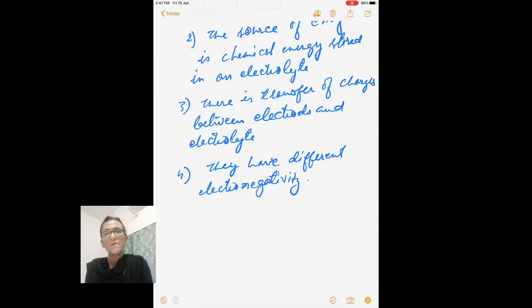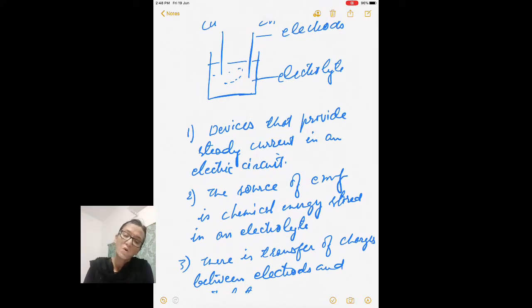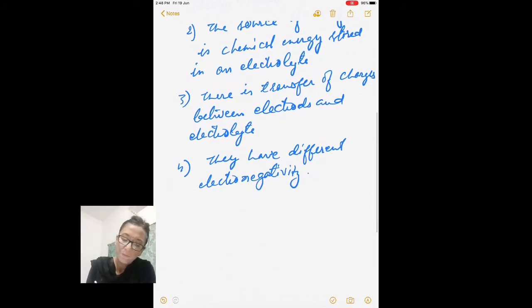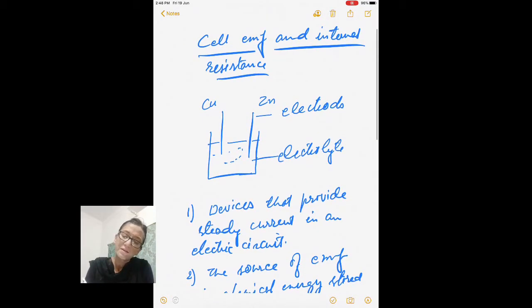So they develop different potentials with respect to this electrolyte, because they are different materials. Zinc is more electronegative than copper, and zinc will react differently with the electrolyte.